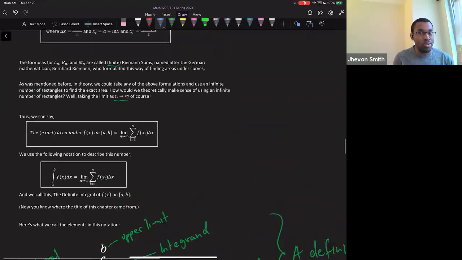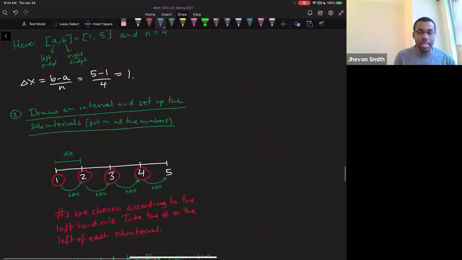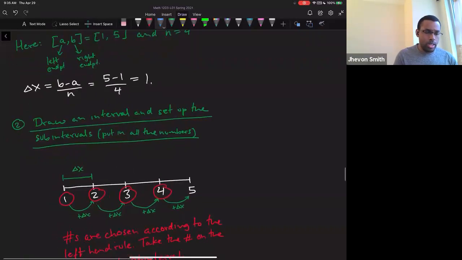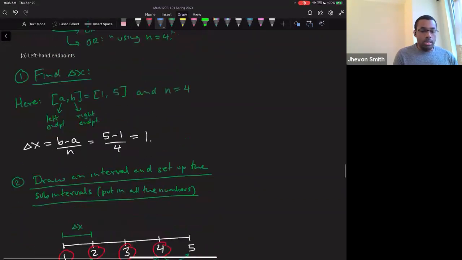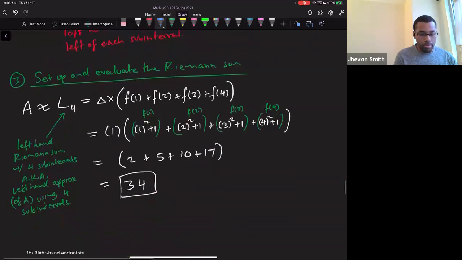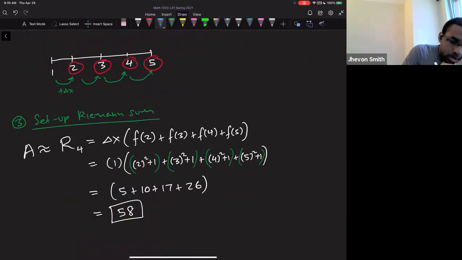I'm basically going to give you all the rules to begin with and not really go into details about computing that limit. It's going to be very annoying. And yeah, so the rules are: find the delta x, set up the interval with the subintervals, set up and evaluate the Riemann sum.